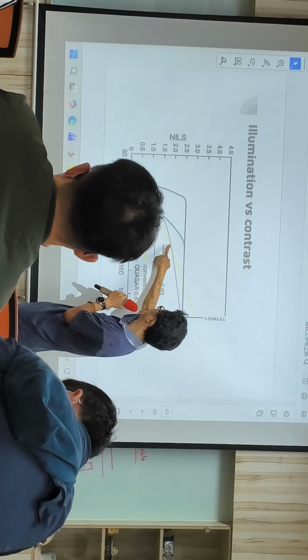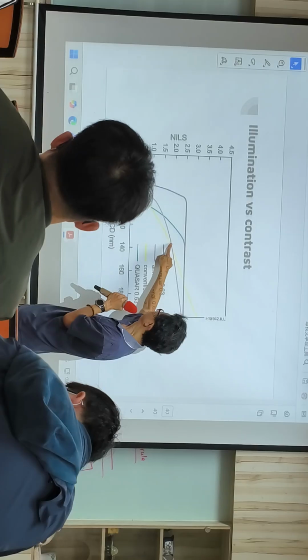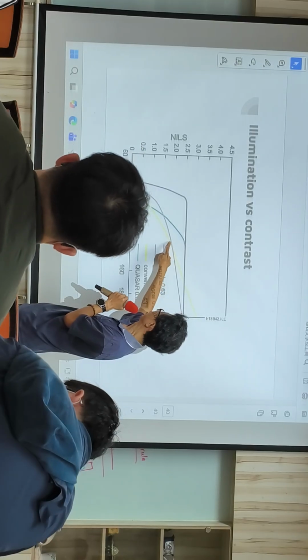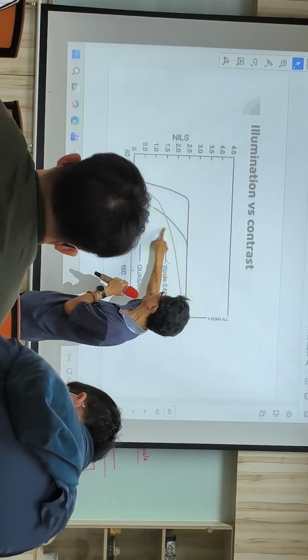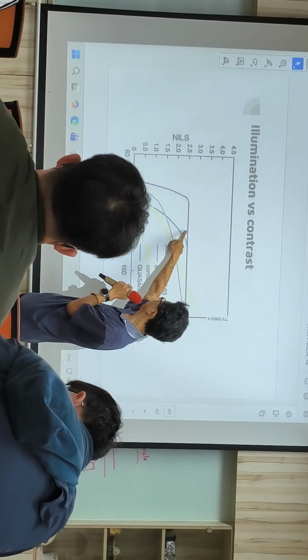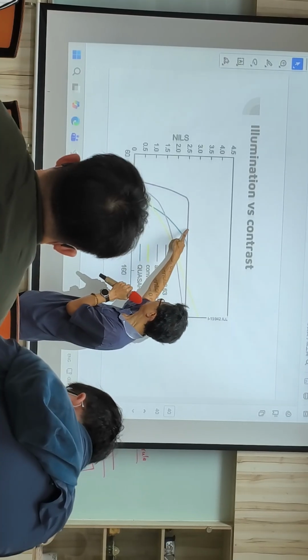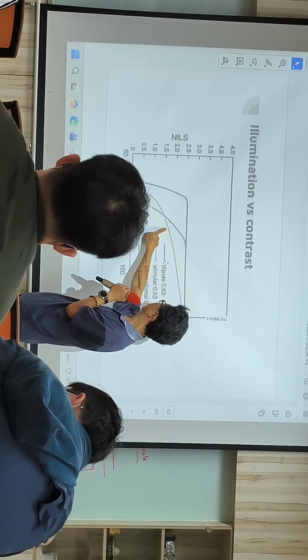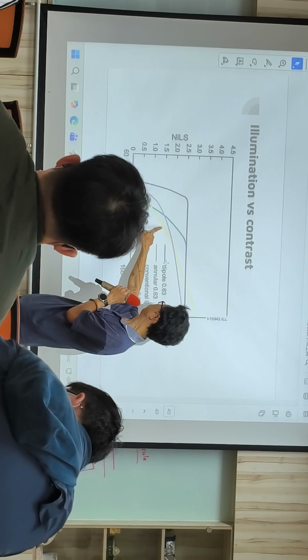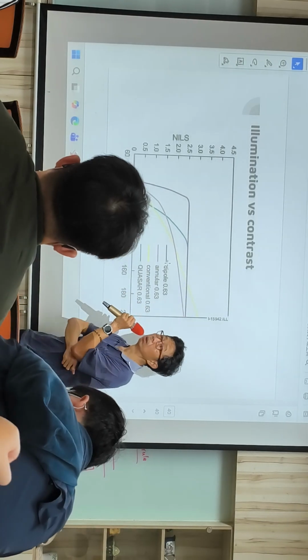But over here is what we usually see: the image contrast is dipole best, then quasar second, annular third, and conventional the last.